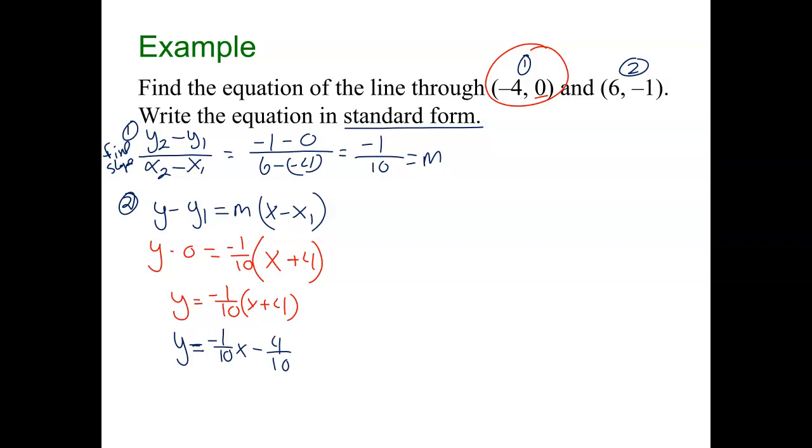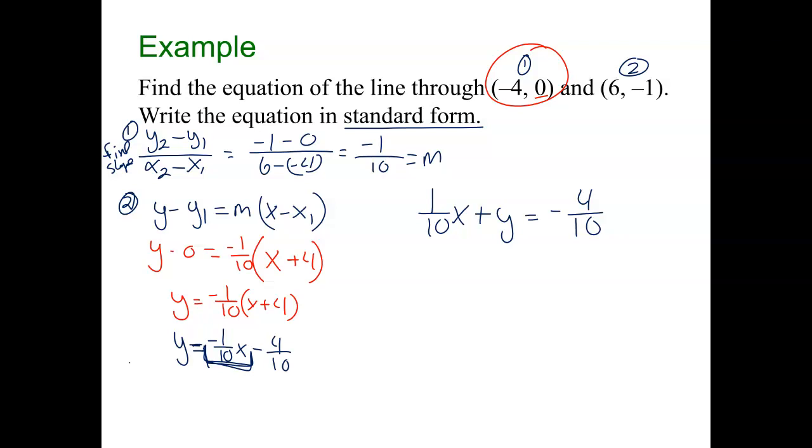So I need to move this term to the other side. How do I move that term? Add it, because I want x and y on the same side, so I need to move x over with the y. So I get 1/10 x plus y equals negative 4/10. Getting closer.